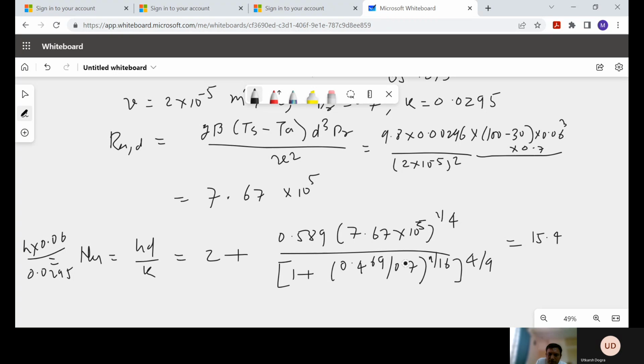So if we back calculate, H comes around 7.58 watt per meter square degree Celsius. This is what we are expected to get.